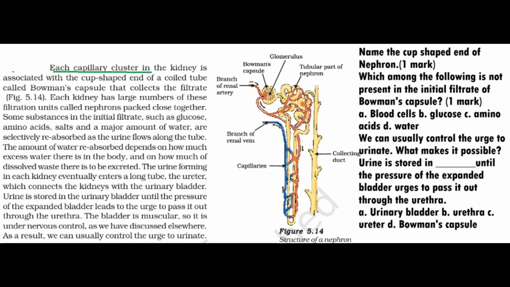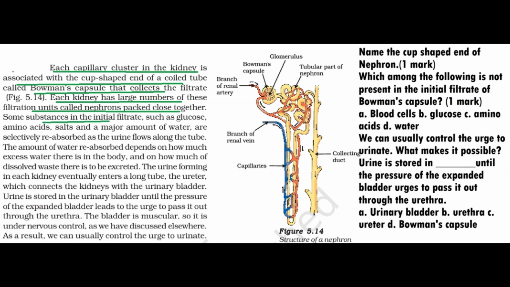Each capillary cluster in the kidney is associated with the cup-shaped end of a coiled tube called Bowman's capsule that collects the filtrate. Each kidney has large number of these filtration units called nephrons packed close together.